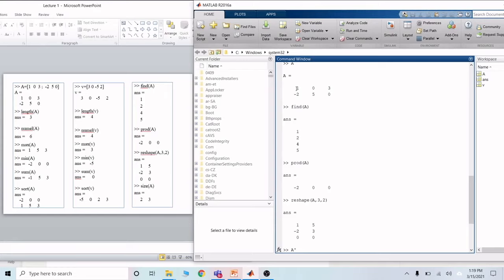Okay, understand? The transpose is another thing.